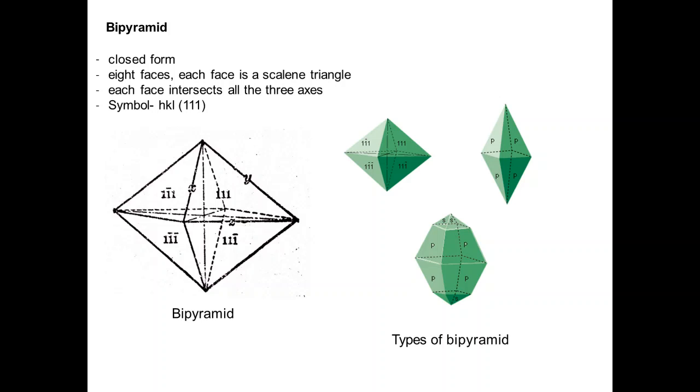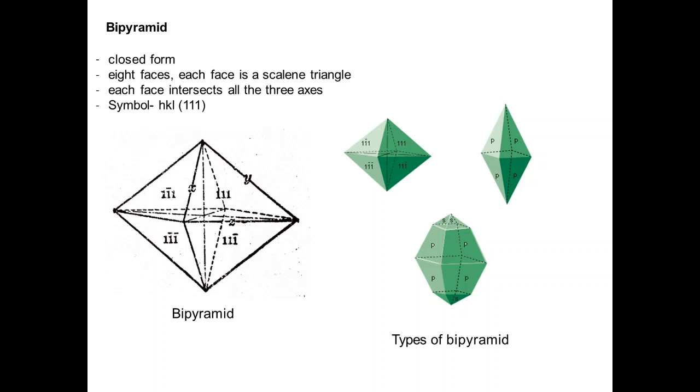Since the axes are not equal to each other, the triangles will be all scalene triangles. None of the sides will be equal, and each face intersects all the three axes. So the Miller indices become hkl, and since they are intersecting at unit distance, the symbol becomes 1 1 1.